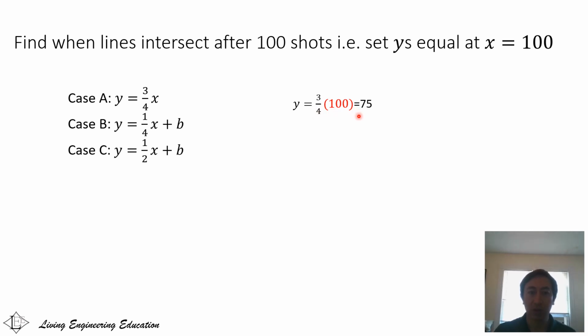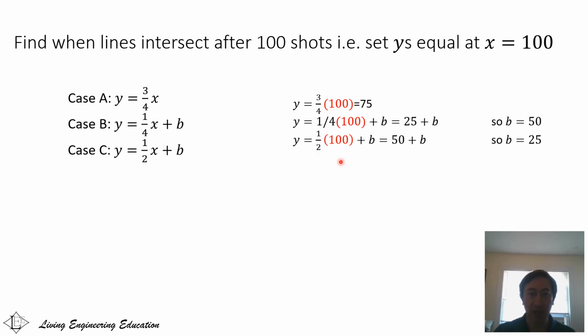So after 100 shots, team A makes 75 points. Team B, after 100 shots, makes 25 points. So in order to match, I know the y-intercept must be 50. And then team C, after 100 shots, gets 50 points. So to match, I know the y-intercept must be 25.